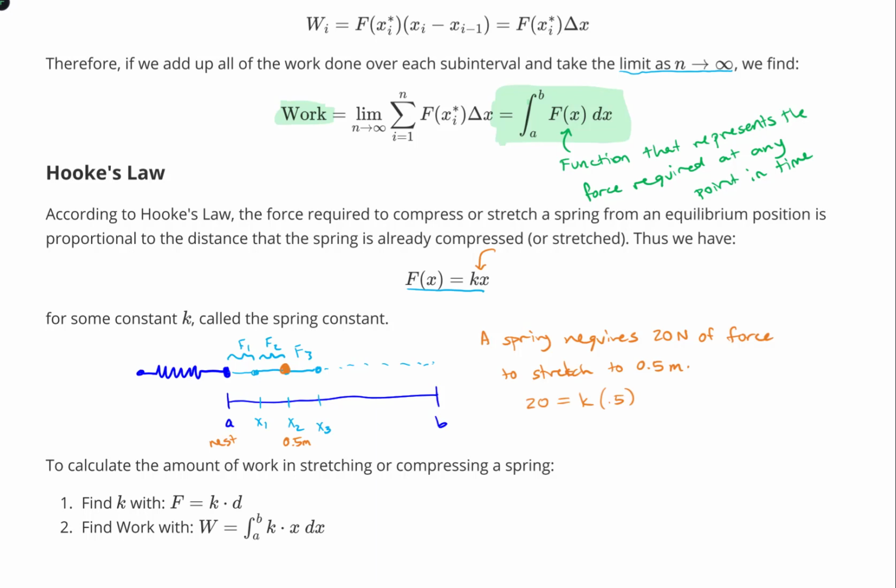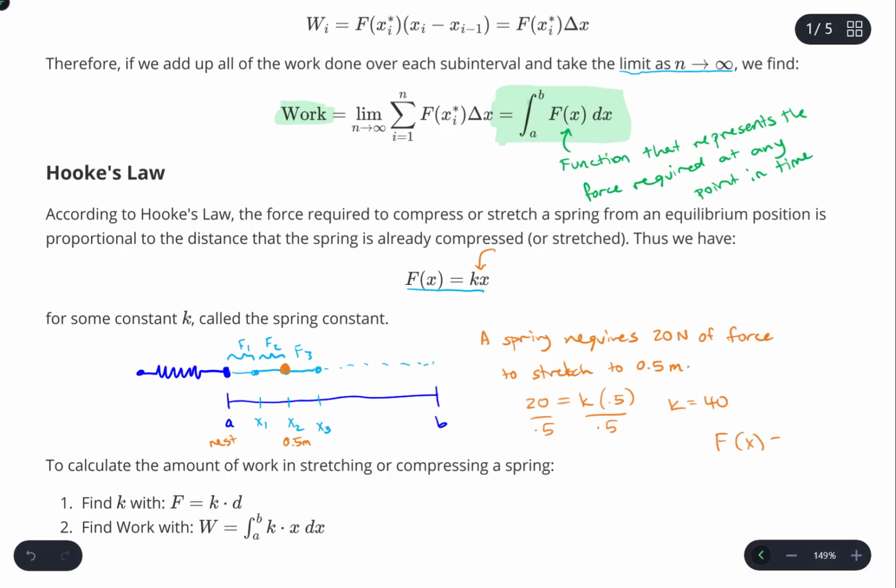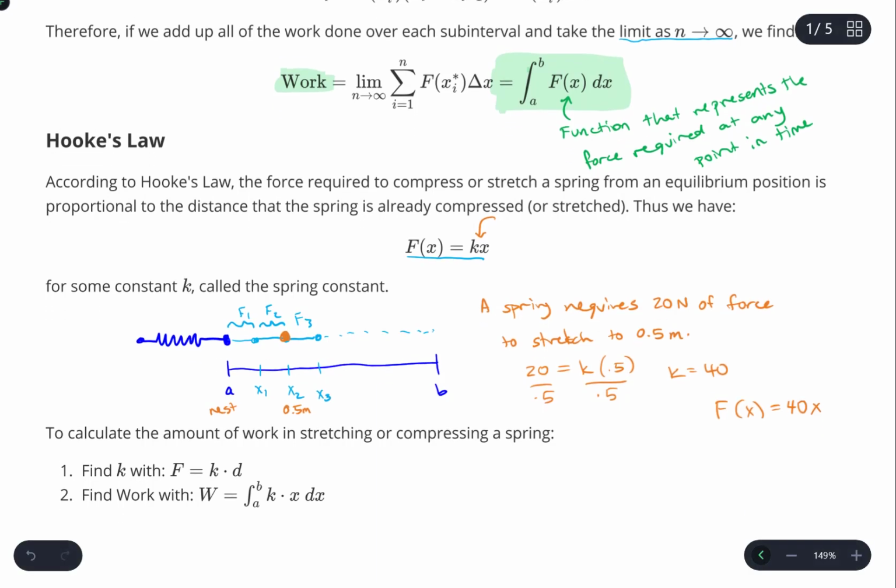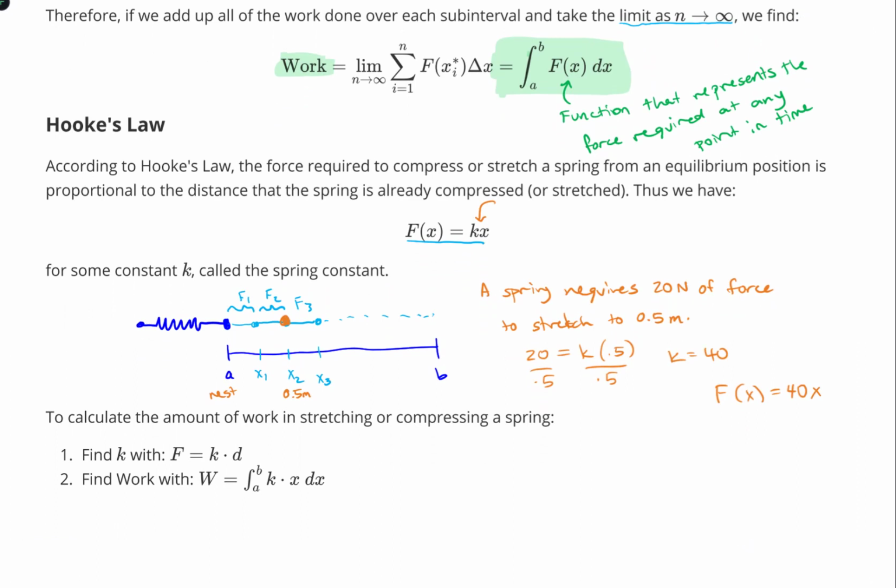We divide both sides by 0.5, and that tells me the spring constant is 40. That gives us a way of determining a function, f of x, which tells me the amount of force required to move the spring at any distance. So that's going to be a very prominent step in many of these problems.